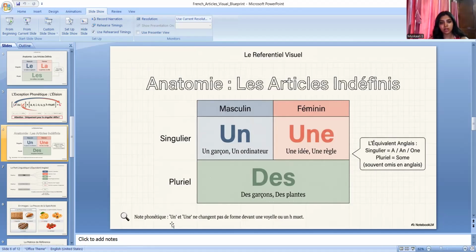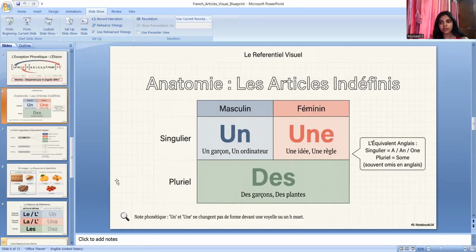So, une ne change pas de forme devant une voyelle ou un H muet. It doesn't change. It just depends on the masculine, feminine, or plural forms. Now you have understood definite and indefinite articles. For definite, there are four: le, la, les, and L apostrophe. And for indefinite ones, there are un, une, and des.